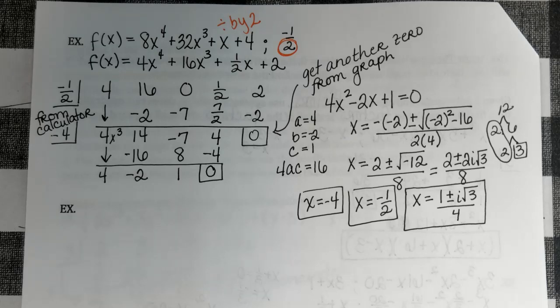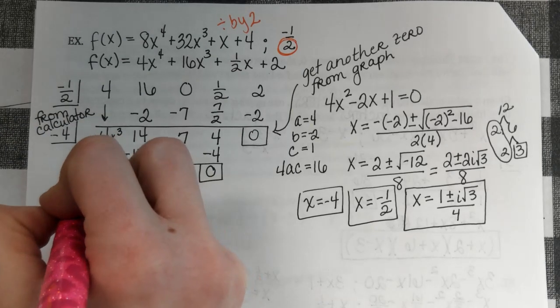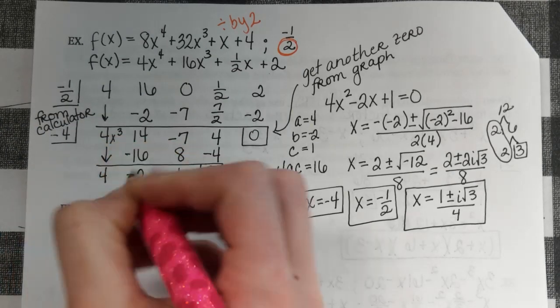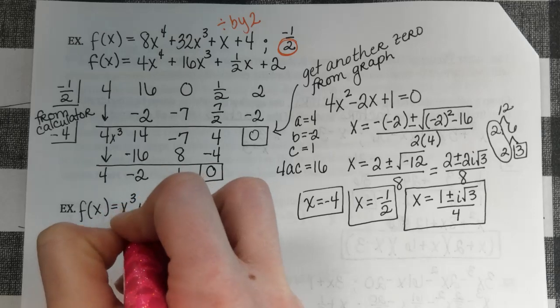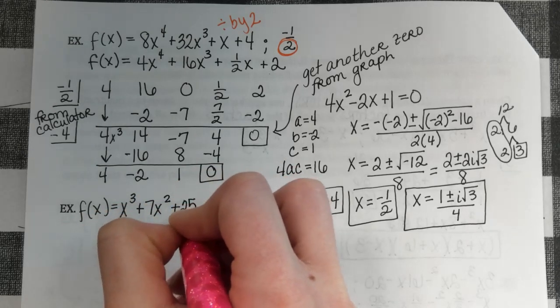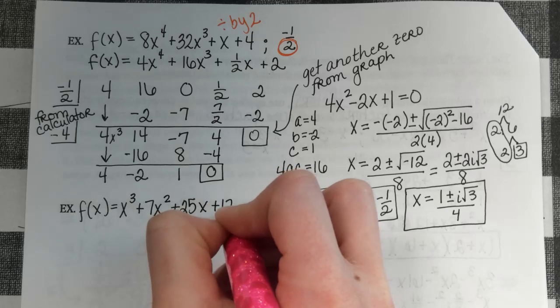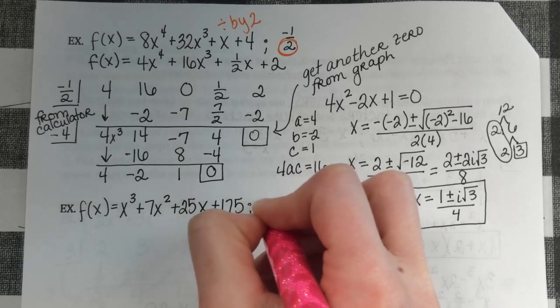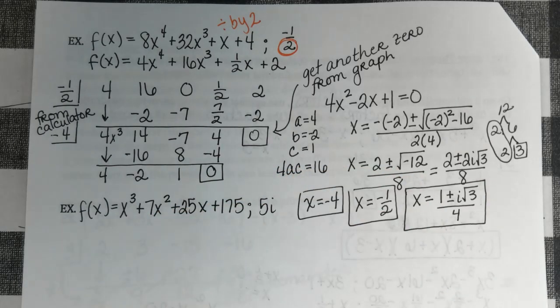Okay. So now we're going to look at what happens if I give you an imaginary root. Okay, so if I have f of x equals x cubed plus 7x squared plus 25x plus 175, and the zero I give you is 5i.